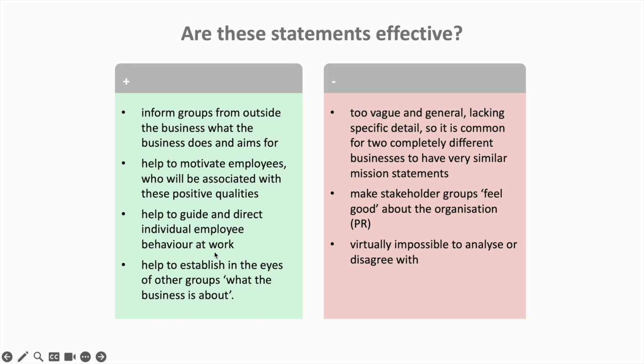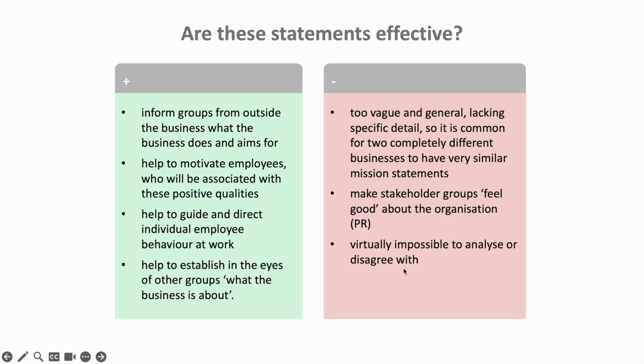Very often, however, this might feel to the other stakeholder groups that this is kind of a manipulation, as we're trying to make the business or organization look good, feel good, but in fact it doesn't have to be that way. In general, the mission and vision statements are written very positively, even if the business might not be completely ethical or positive business.